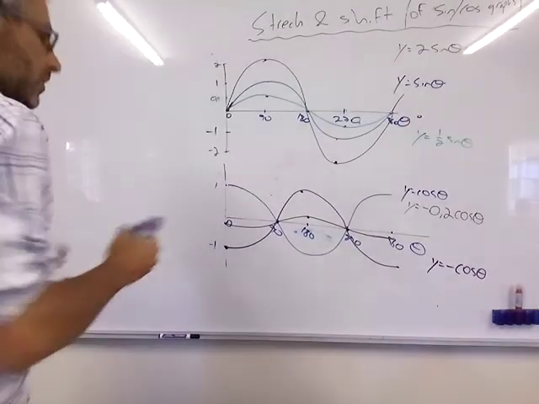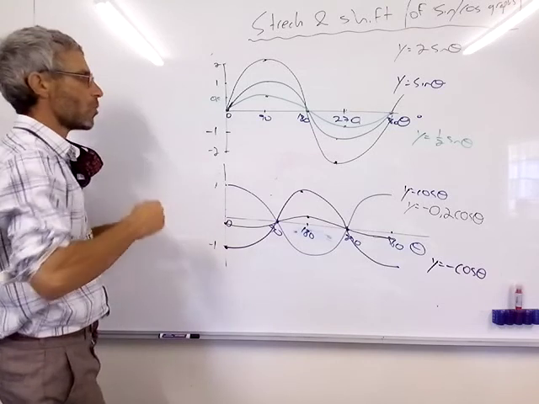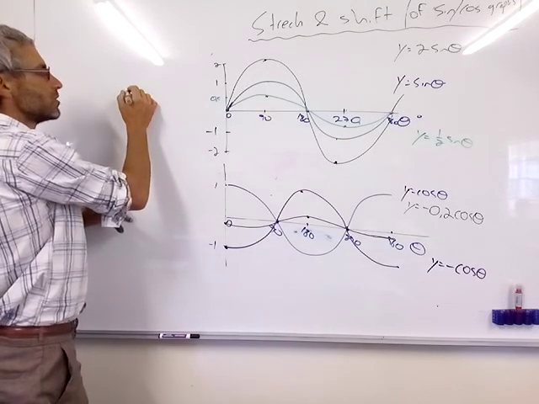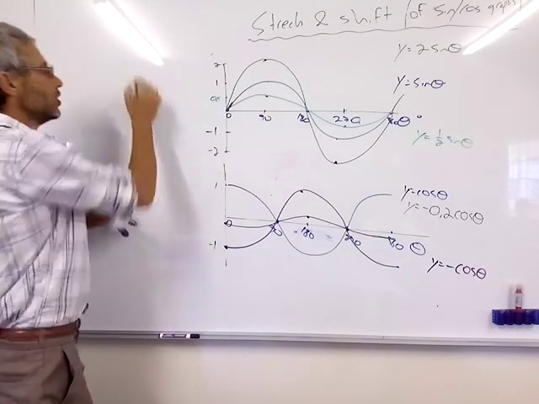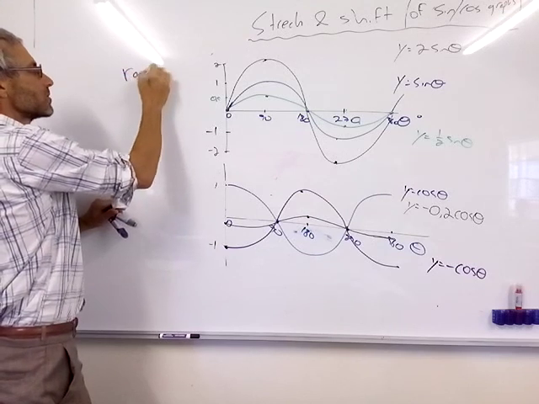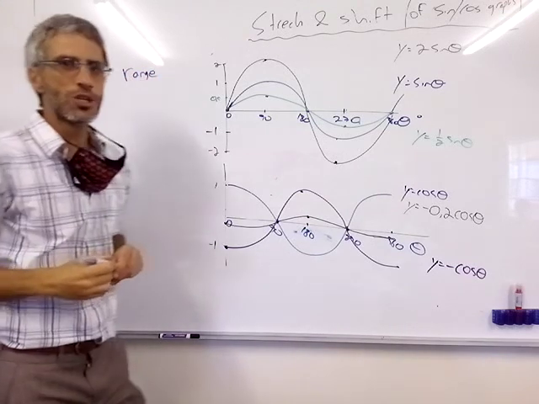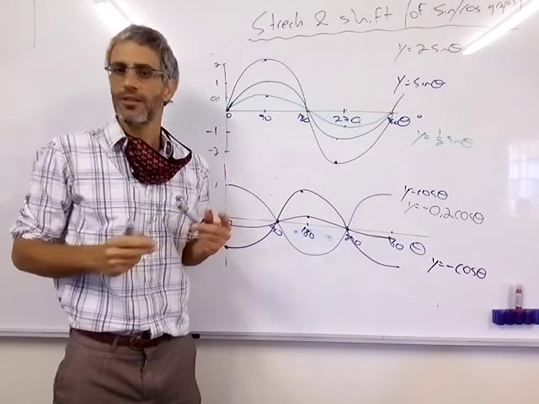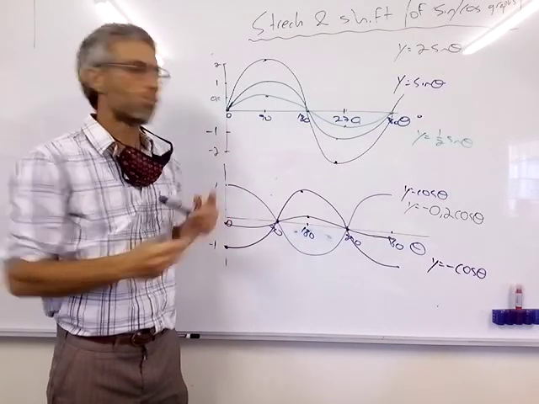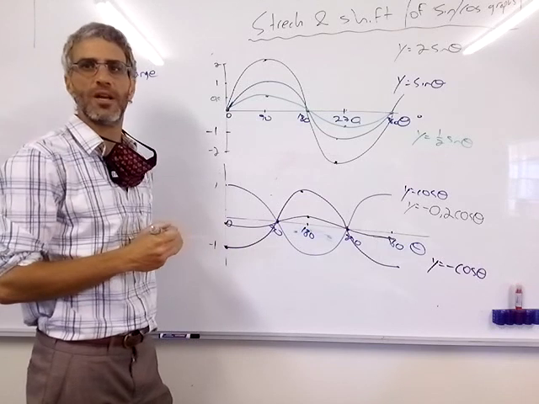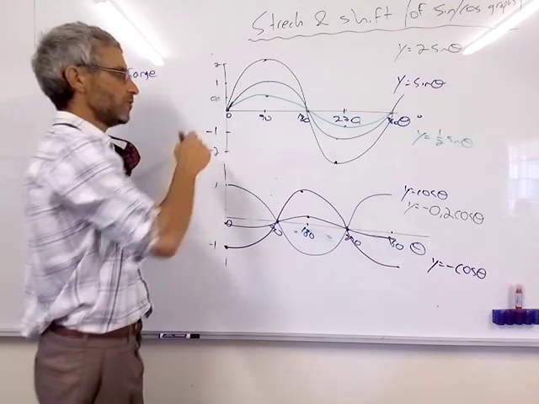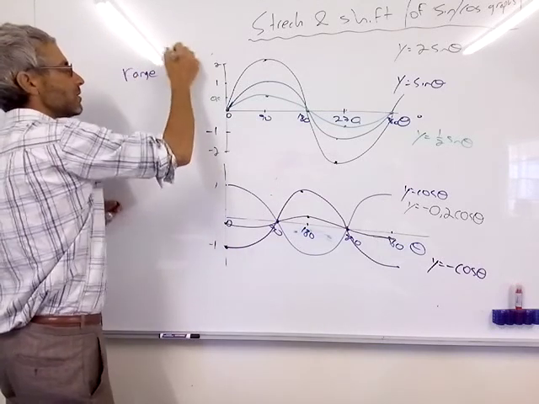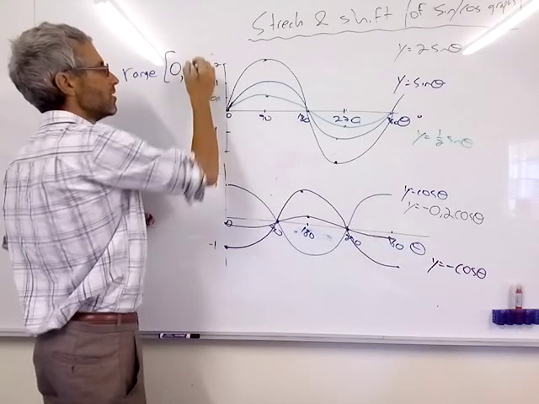Before I send you to do some work, I want you to learn a few words. Range. Range is the value of angles that you're using here. What values of angle are we using here? From 0 to 360.